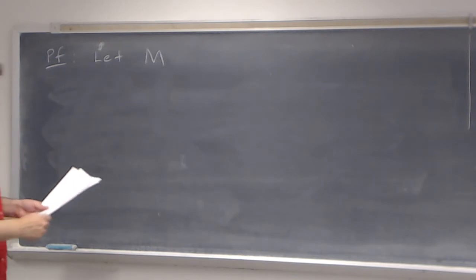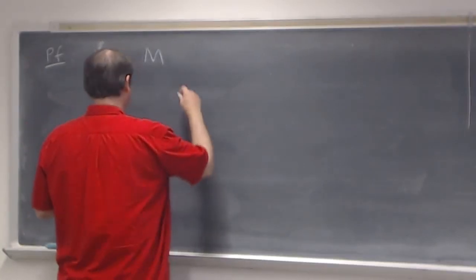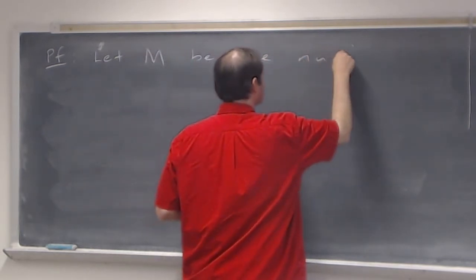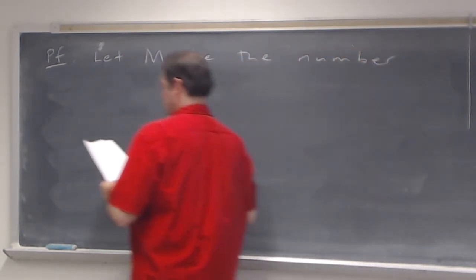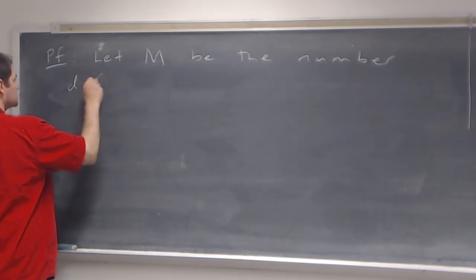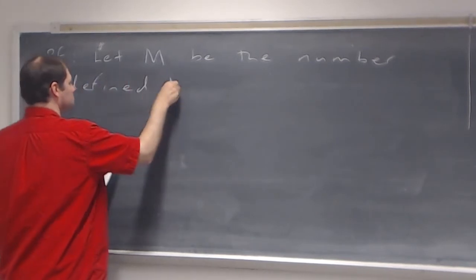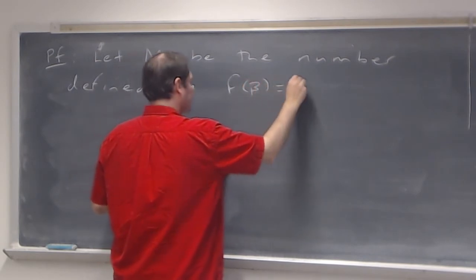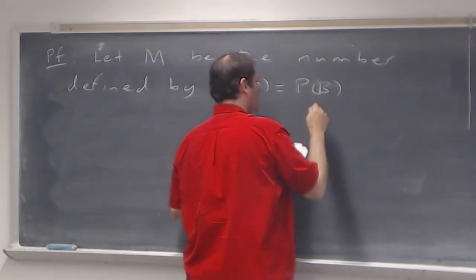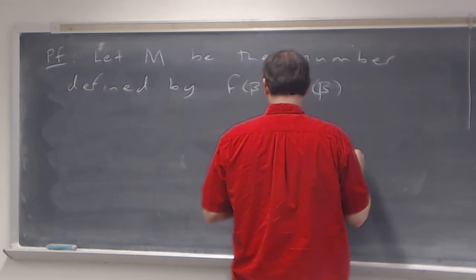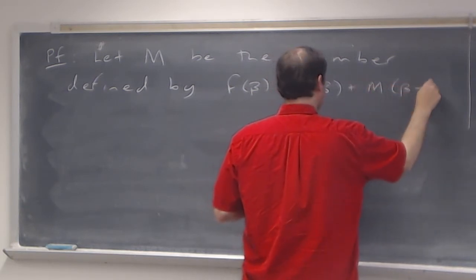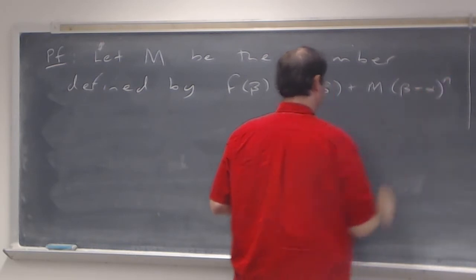We're going to start off by looking at m. We're going to let m be the number defined by f of b, that is f of beta, equal to p of beta plus m times beta minus alpha raised to the n.